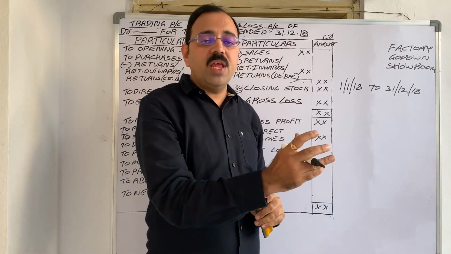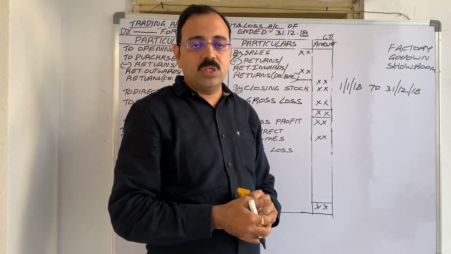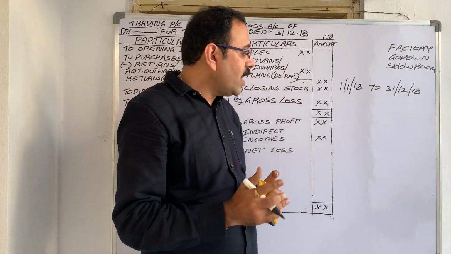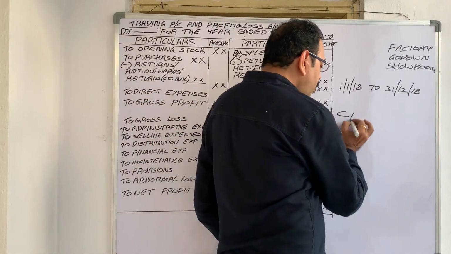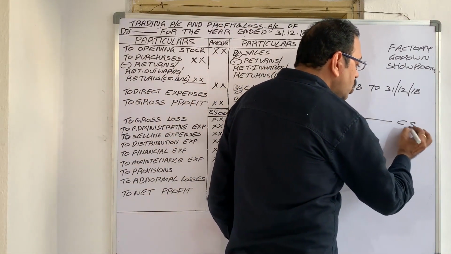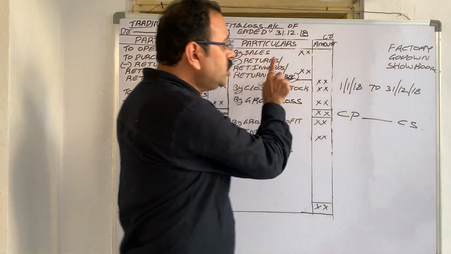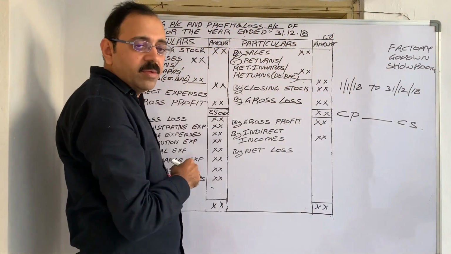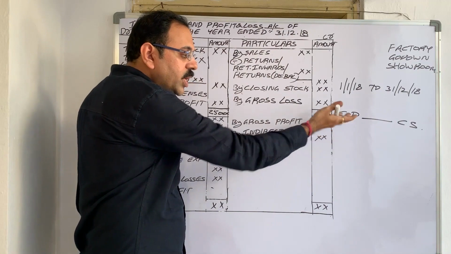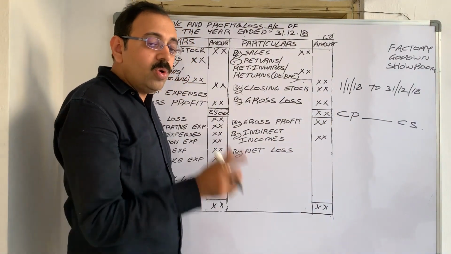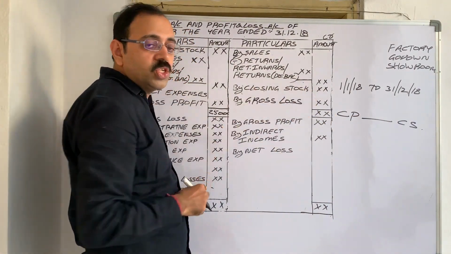There physically he verifies the quantity of goods. And how to calculate the cost price of this closing stock? Other values we are writing from ledger accounts, but for closing stock there is no account. Then how to know the value of this closing stock?